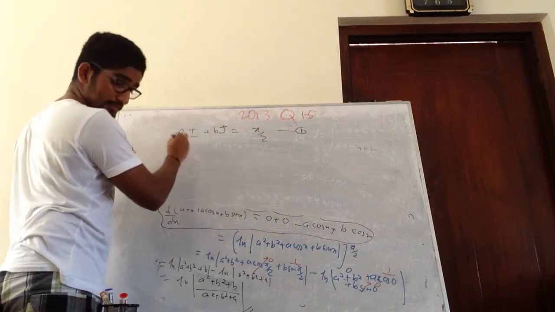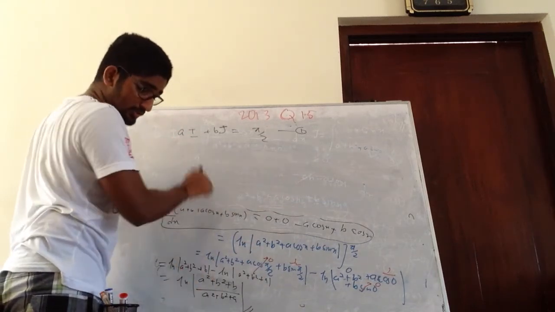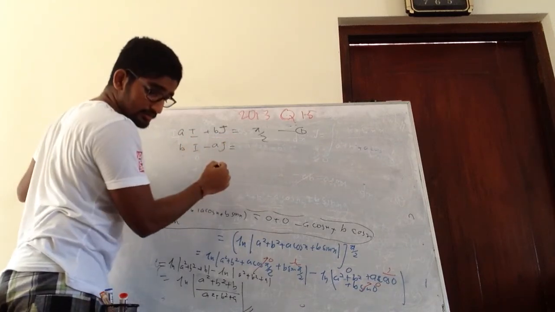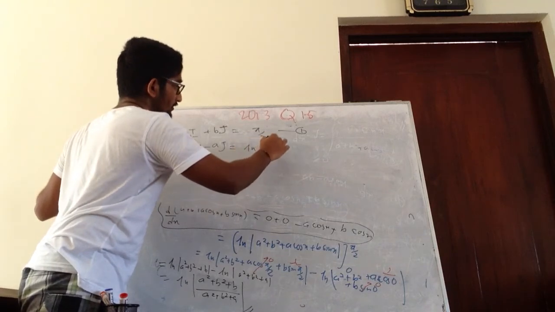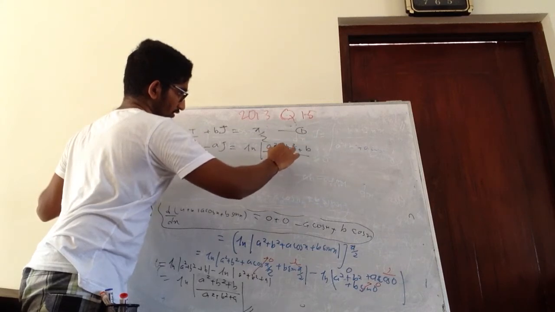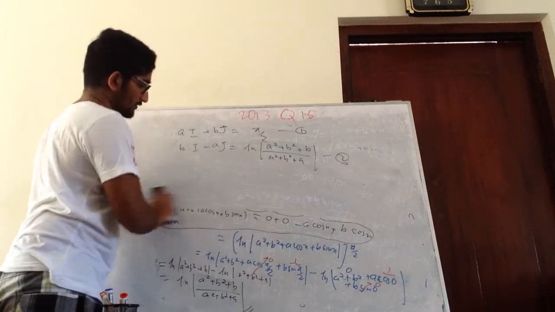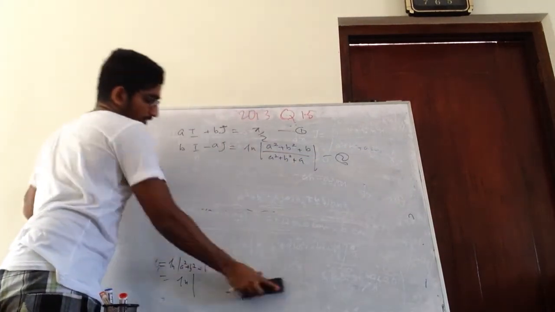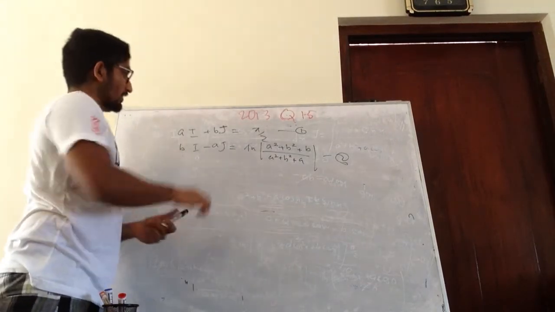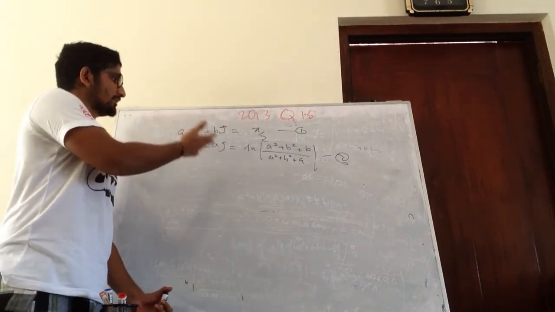Then we know that bI minus aJ is ln of the ratio, a squared plus b squared plus b over a squared plus b squared plus a, plus C. So we have two equations and two unknowns, so basically we can find them now.